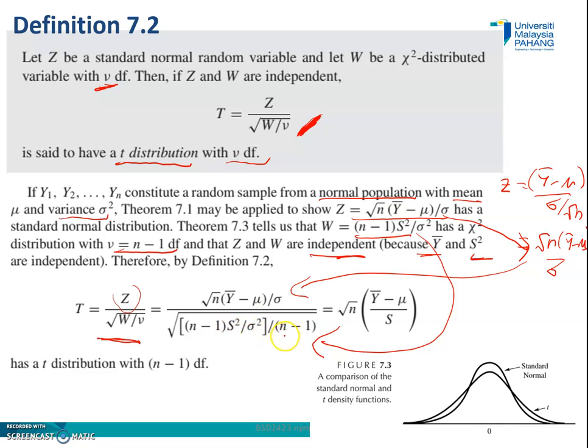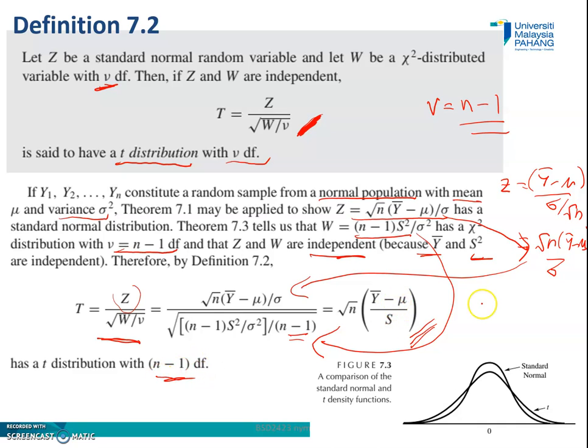And then what is nu? Remember, nu is the degrees of freedom; as in applied statistics, you have nu equals n minus 1. Then you simplify, and you will get square root n times y bar minus mu over s. If you look at this carefully, this will give you the t distribution with n minus 1 degrees of freedom.